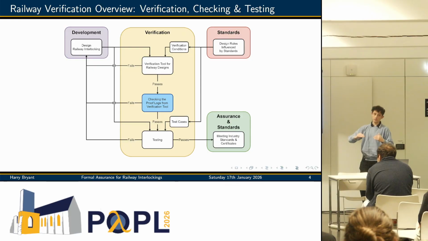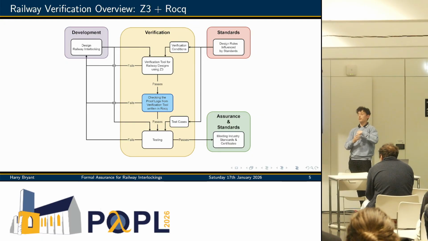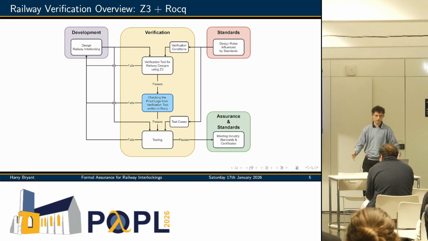You take the result of the verification tool, run it through another tool that checks its output, and then once those two say yes, you can perform the standard testing that is obviously needed to get the accreditations and all that. This could be done two ways. We could make a checker ourselves, but what we do is we use Rocq so that in turn we can prove that the checker that we are making is also correct, which adds another level of safety and validation to the whole overall process.